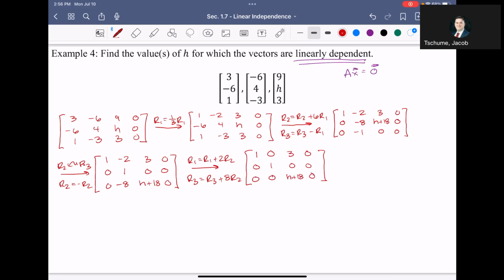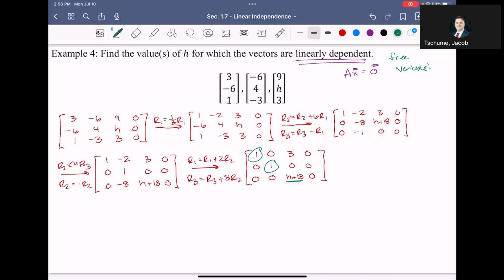As you look at this, remember, you're trying to force this to be linearly dependent, which means you need to force a free variable here. If you look at our problem, you've got a pivot position for x1 for the first vector, a pivot position for the second vector. Remember, if this h plus 18 ends up being a pivot position, then you'll have no free variables and thus it will be linearly independent.